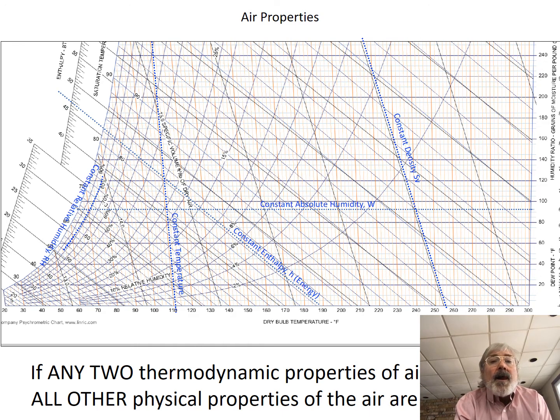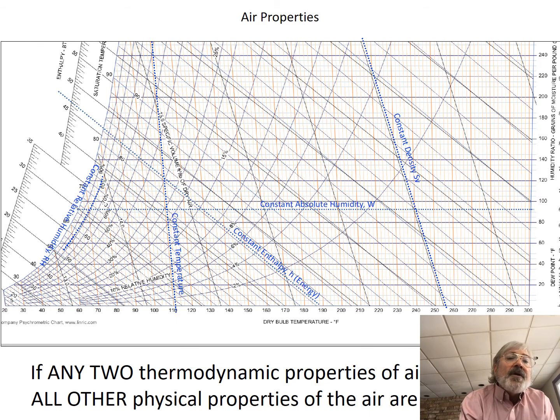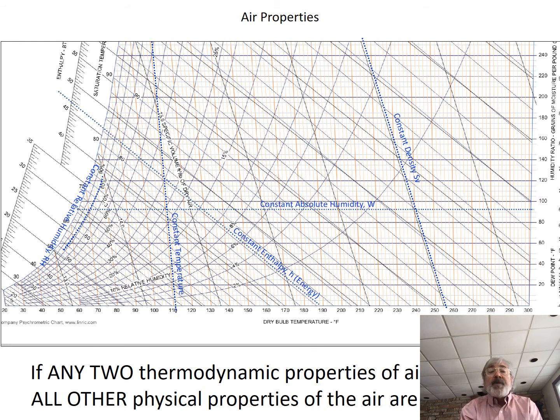The energy of your air, the constant enthalpy lines, are these lines right here. And finally, we have these curved lines that are the constant relative humidity lines.